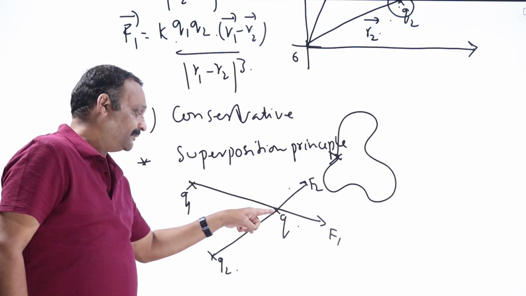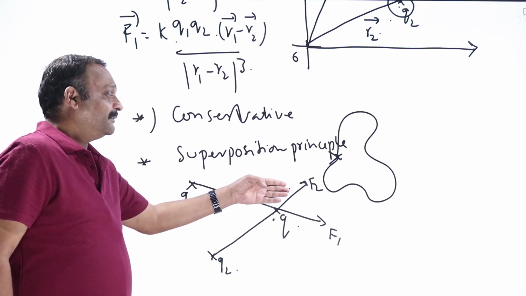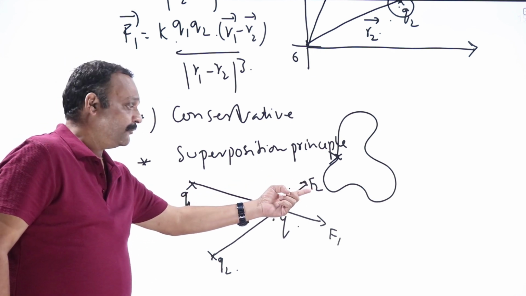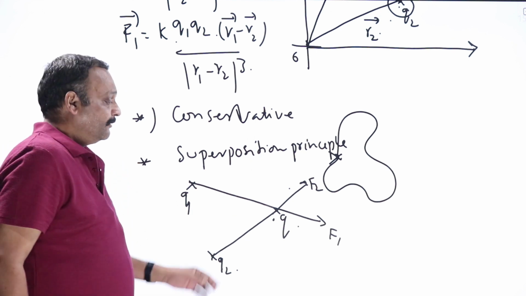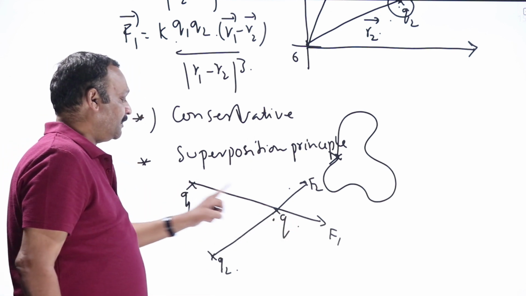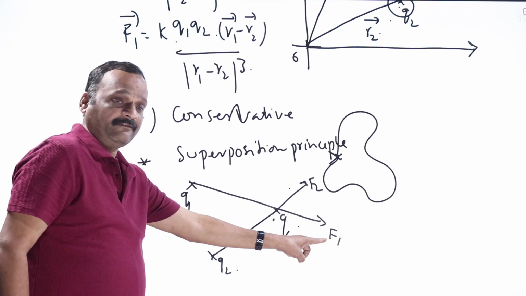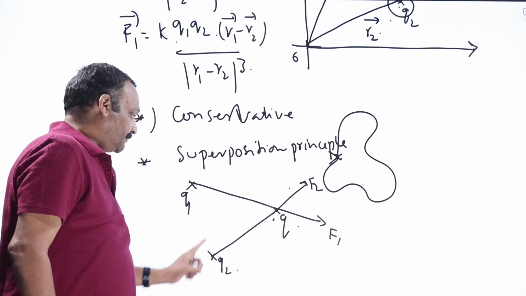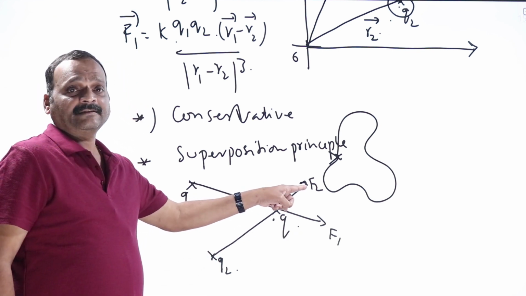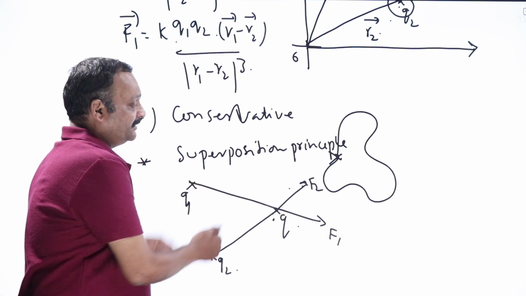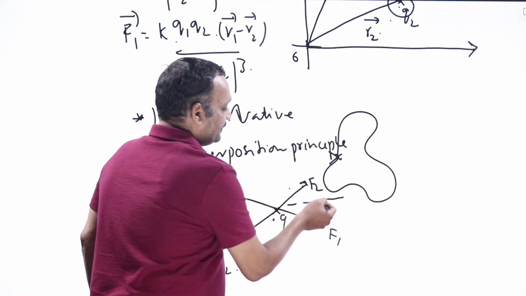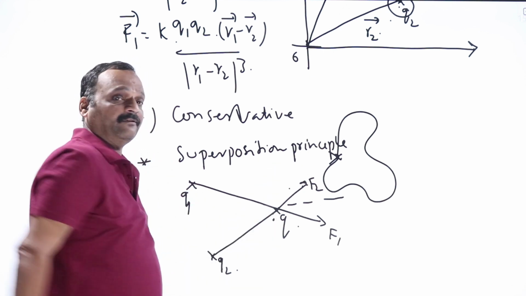The resultant force on charge Q is the vector sum of the forces due to individual charges. The force due to Q1 on Q is individual force F1. The force on Q due to Q2 is individual force F2. The resultant of these two forces is the vector sum of F1 and F2.